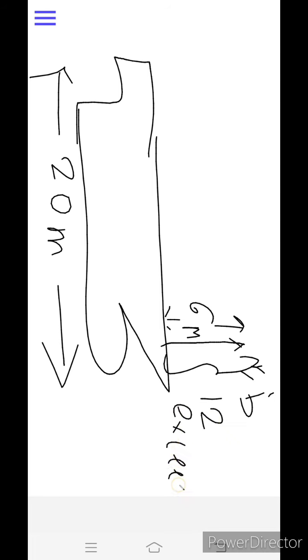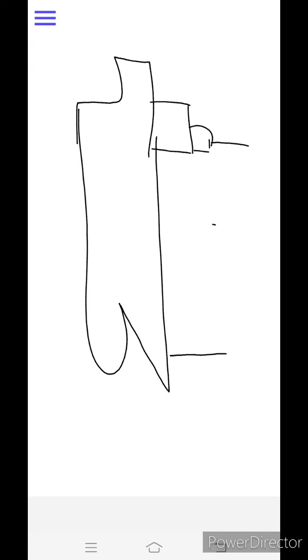The maximum height is 12 meters, it is fixed, and not less than 6 meters. Hope this is clear to you guys.